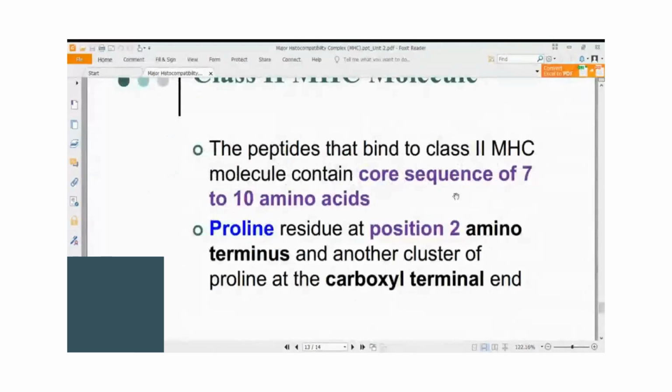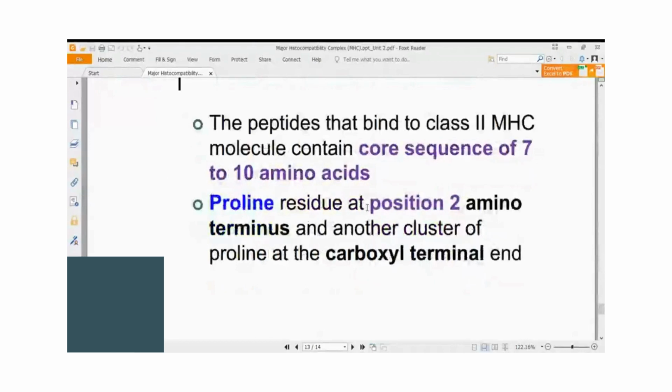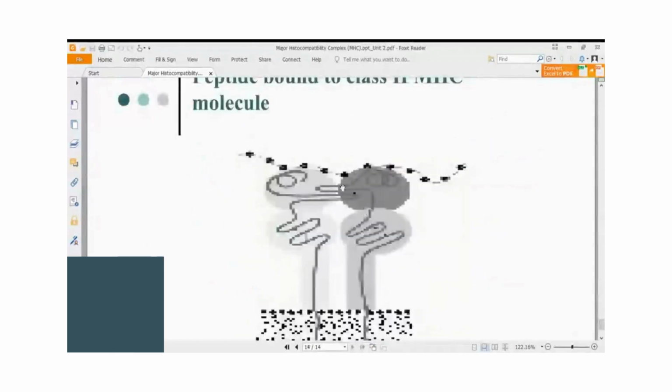Okay, and these residues are present in the second position and in between and the terminal region, second position of the amino terminus, in between and carboxy terminus, and the proline residue which is capable of anchoring becomes an anchor residue, and the association of the peptide will be like this.